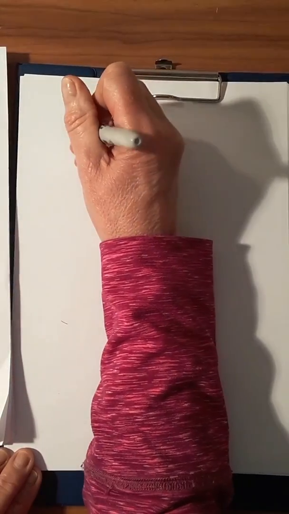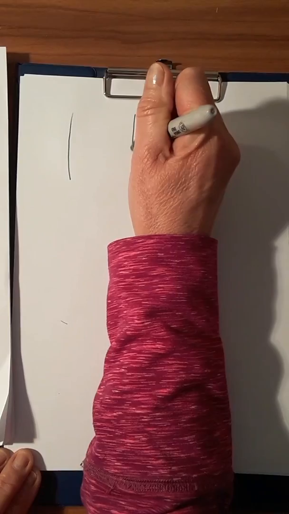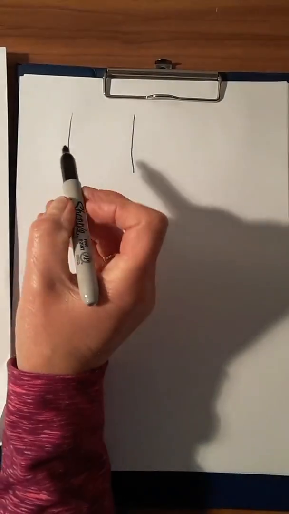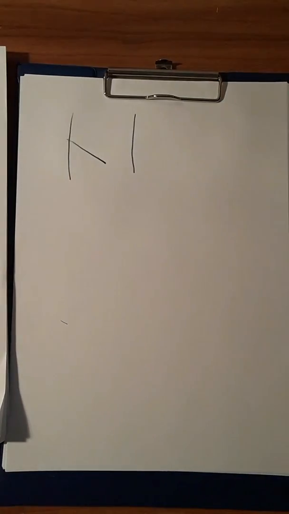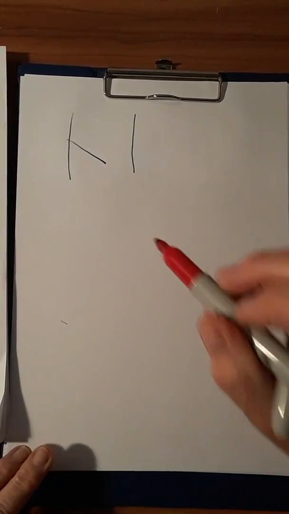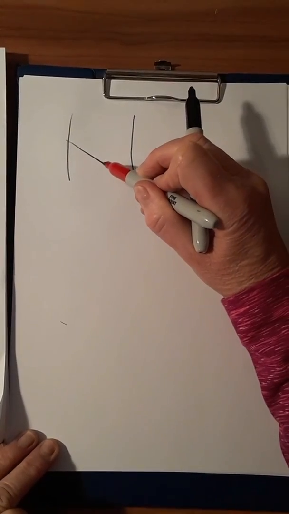Okay, so let's draw that diagram first. So what do we have? We have 2 walls, and we have this rod AB, and then we have a piece of string attaching that rod to this wall over here. So I'll put that piece of string in red.